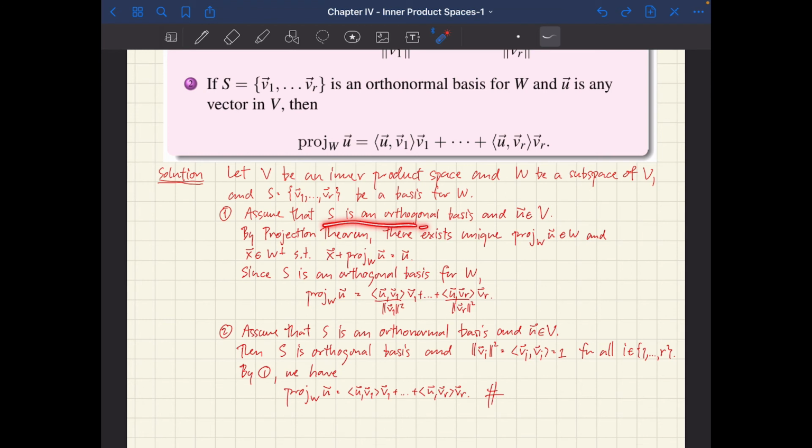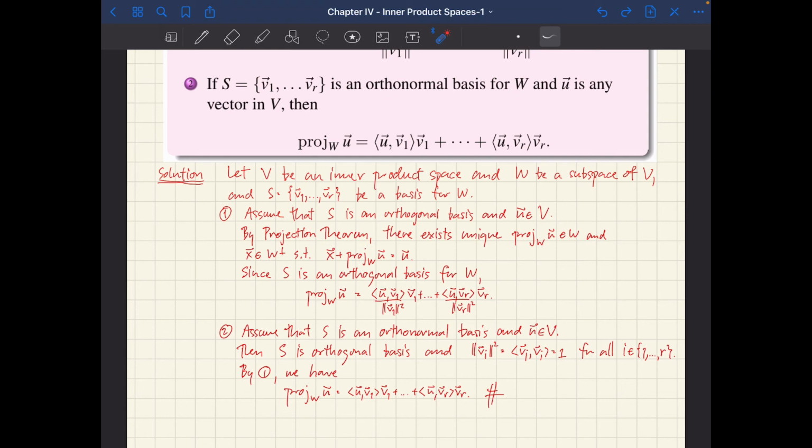Because S is an orthogonal basis for W, we already have the formula for the element in this vector. So that's it. For number two we will use number one. Because S is an orthonormal basis, the norm of each vi is equal to 1. Okay, that's it.